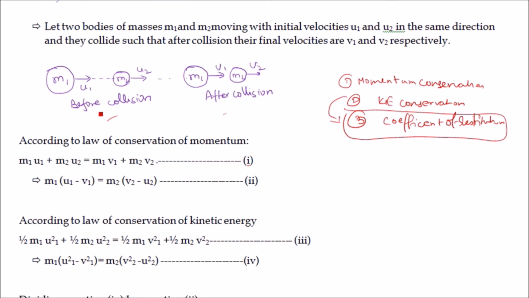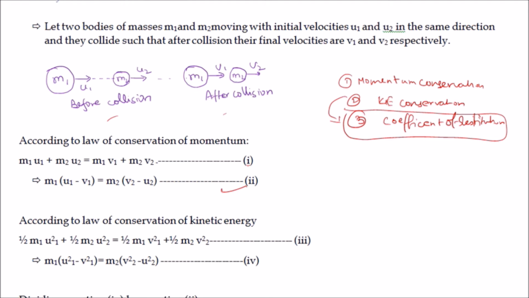So initial momentum is m1 u1 plus m2 u2, and the final momentum, or the momentum after collision, is m1 v1 plus m2 v2. If I write it equal, then m1 (u1 minus v1) is equal to m2 (v2 minus u2). This is our equation 2, and it has come from conservation of momentum.